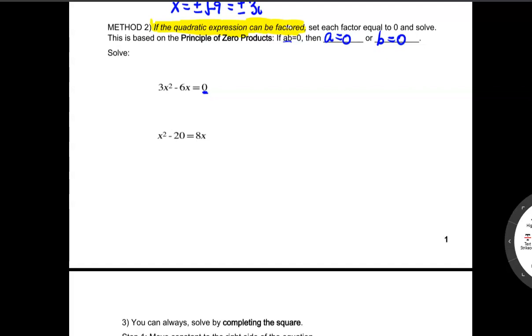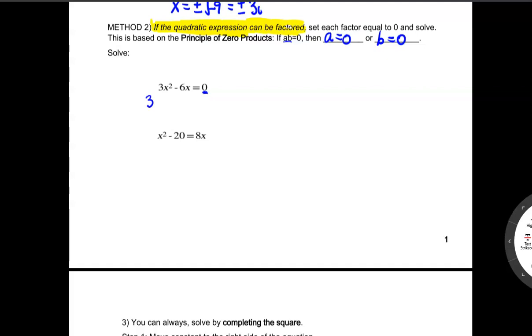So when we look at 3x squared and 6x, let's look with the constants first, 3 and 6. Is there anything that goes into both of those? Okay, hopefully you answered me to say 3. You can divide 3 by 3 and you can divide 6 by 3. Now what about x squared and x? Well, both of them have x to the first power as a factor.